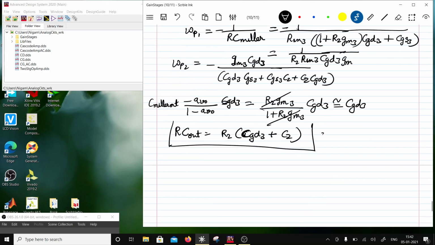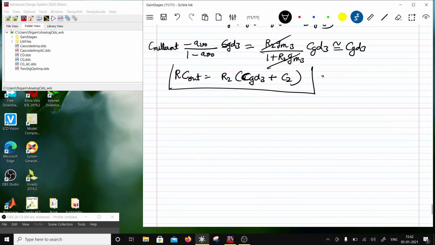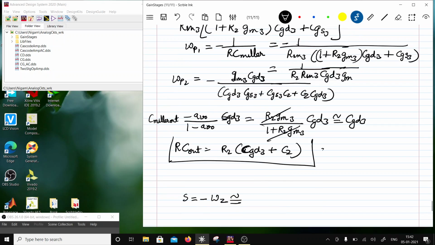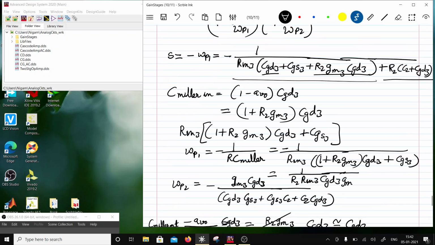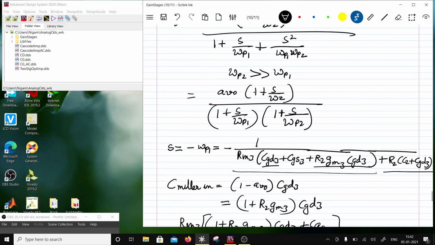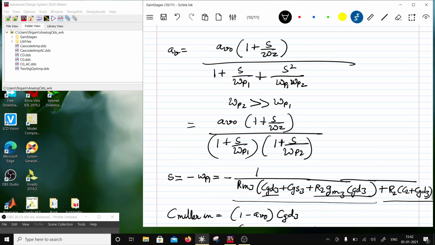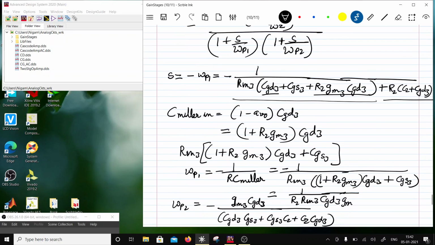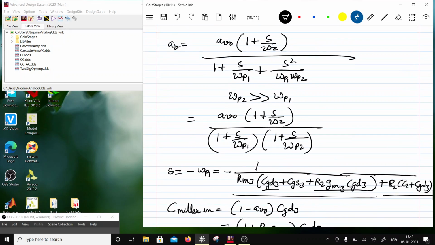So let me just look at another thing, the zero, right? So zero is minus WZ, which would be approximately equal to 1 over Z. So this would come out to be a plus number, omega Z. So where is that?